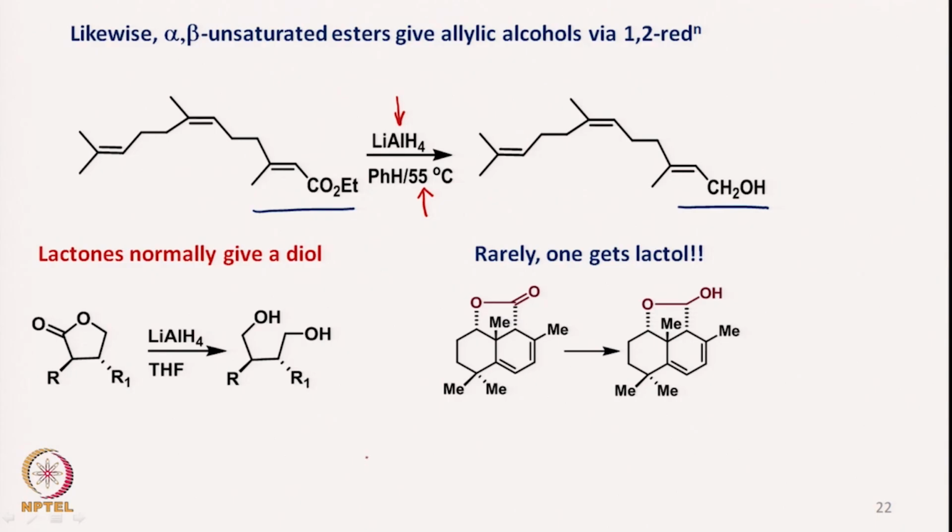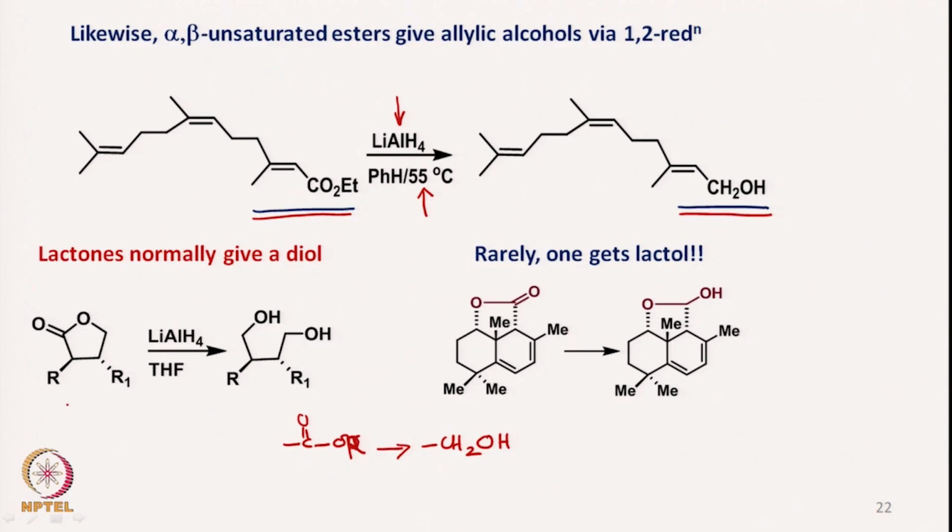We discussed that esters can be reduced to the corresponding primary alcohols. You have here an R group, any R group, and that can be converted to the corresponding primary alcohol. But as this particular ester is in conjugation with the double bond, the reduction of the ester gives the corresponding allylic alcohol.